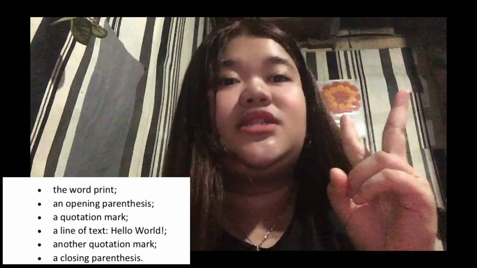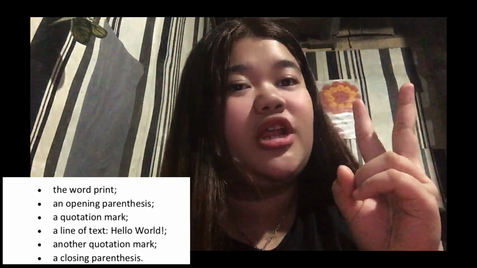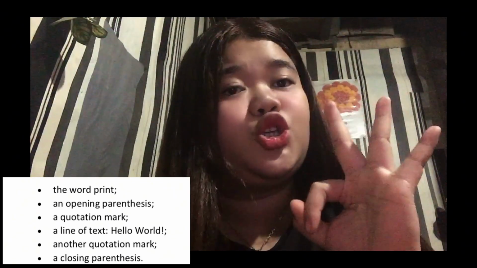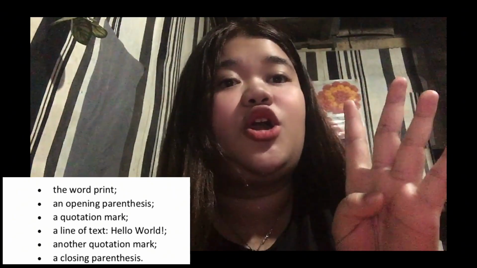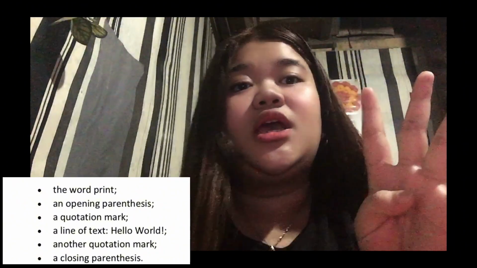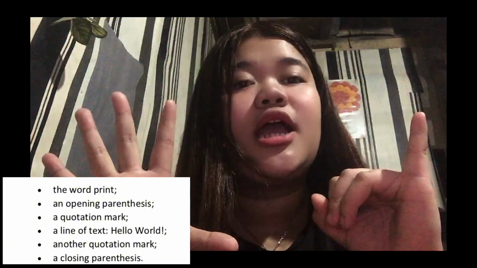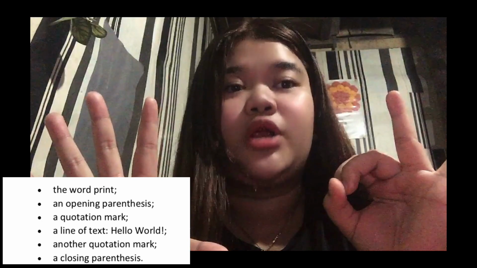The second one is an opening parenthesis, a quotation mark, a line of text, hello world, another quotation mark, and a closing parenthesis. The word print that you can see here is a function name. That doesn't mean that wherever the word appears, it is always a function name. The meaning of the word comes from the context in which the word has been used.